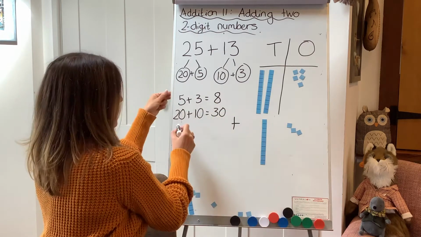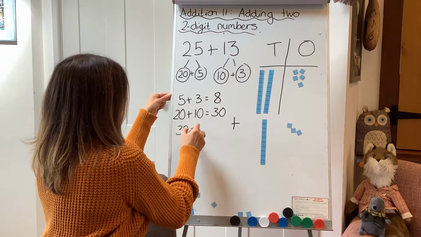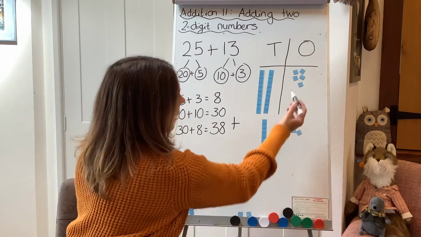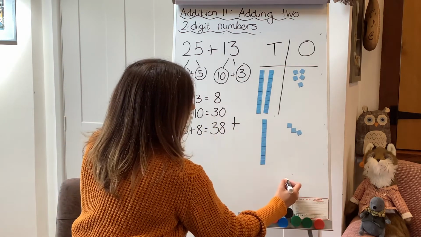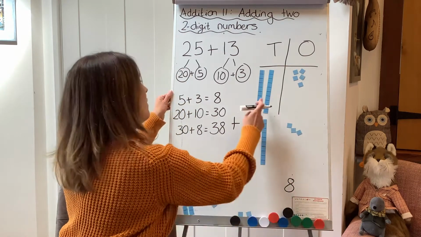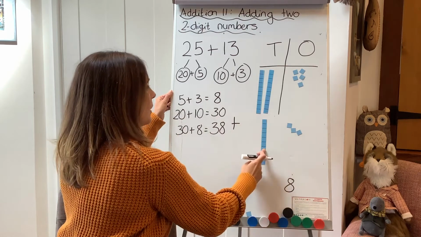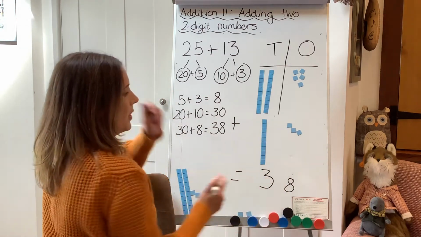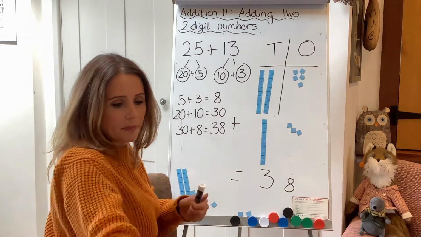And then I can add those together. 30 add 8 is equal to 38. And we can see that here. We've got 5 and 3 that makes 8 1s. And we've got 2 10s add 1 10 makes 3 10s and makes 38 as well.